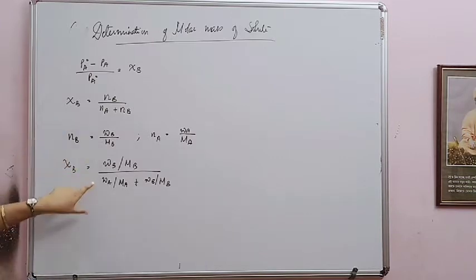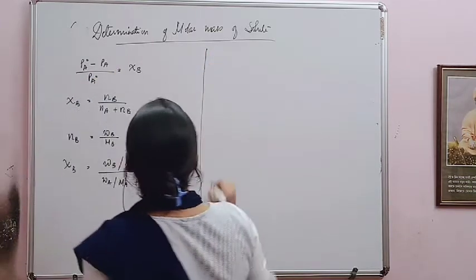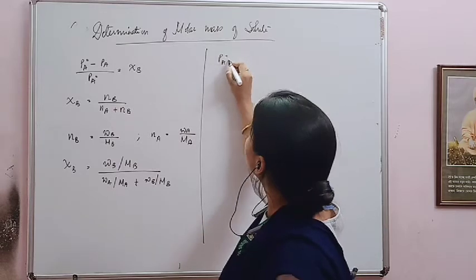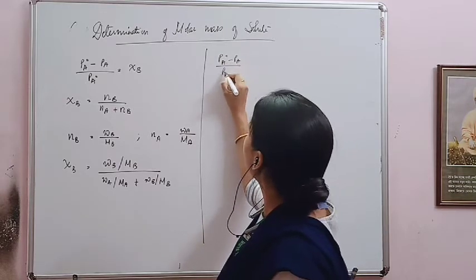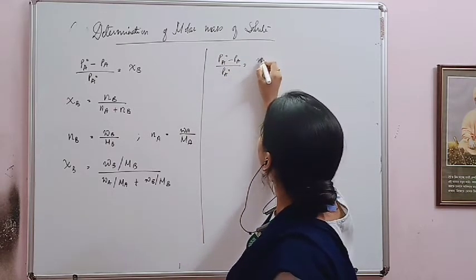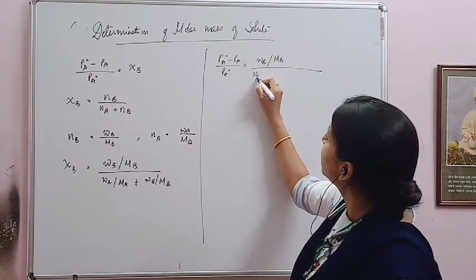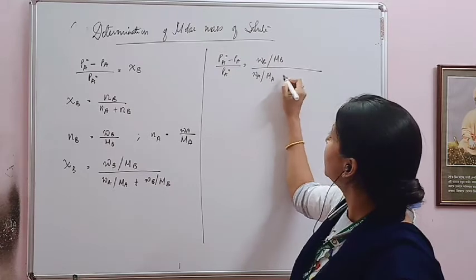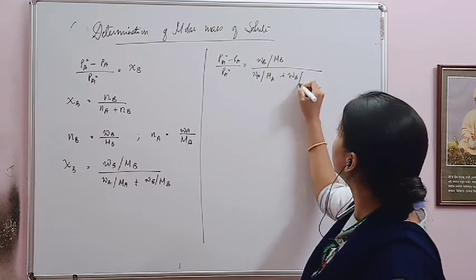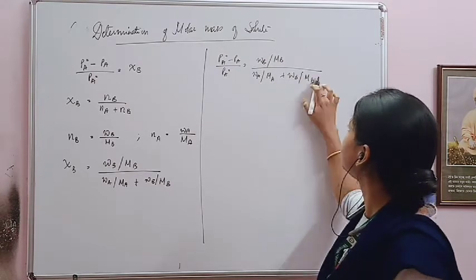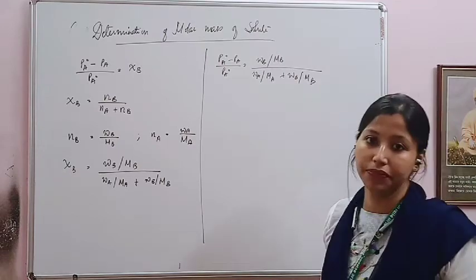Okay? So we will replace this here. So PA naught minus PA divided by PA naught will be WB by MB divided by WA by MA plus WB by MB.